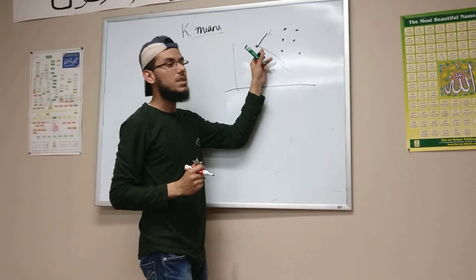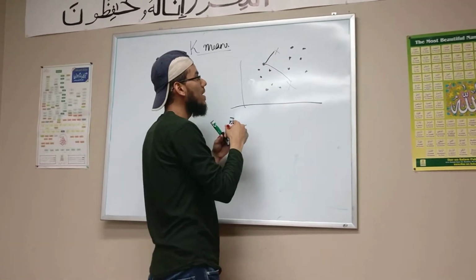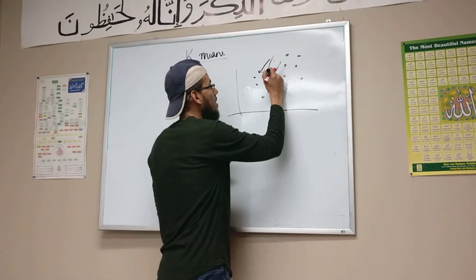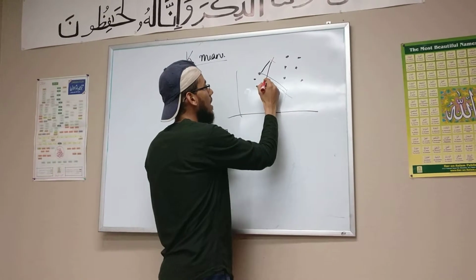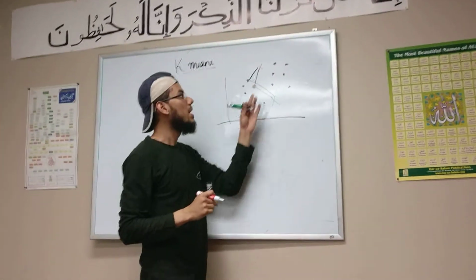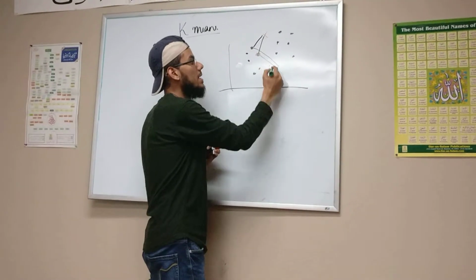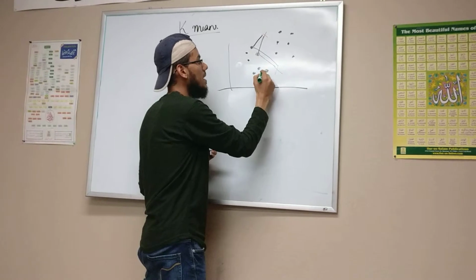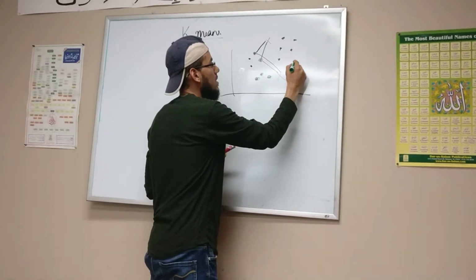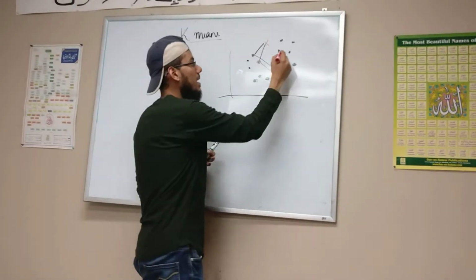So this data point is going to be assigned to this centroid. Similarly, we're going to do this for this one. So this is again going to be assigned to this centroid. This is how we are going to go on for each sample. We are going to assign it to one of the two centroids. So this is how our sample is going to look after the first step.